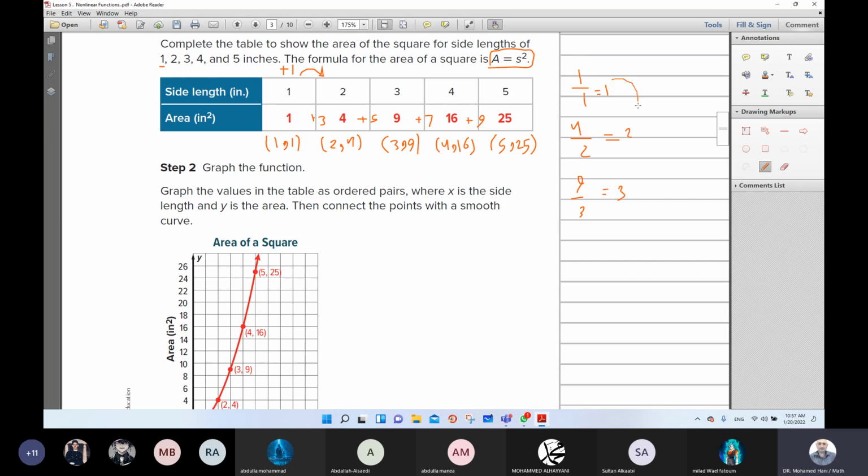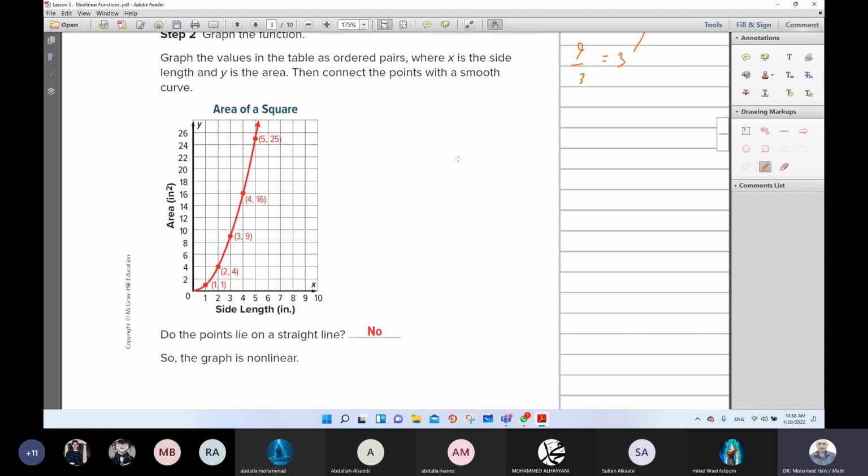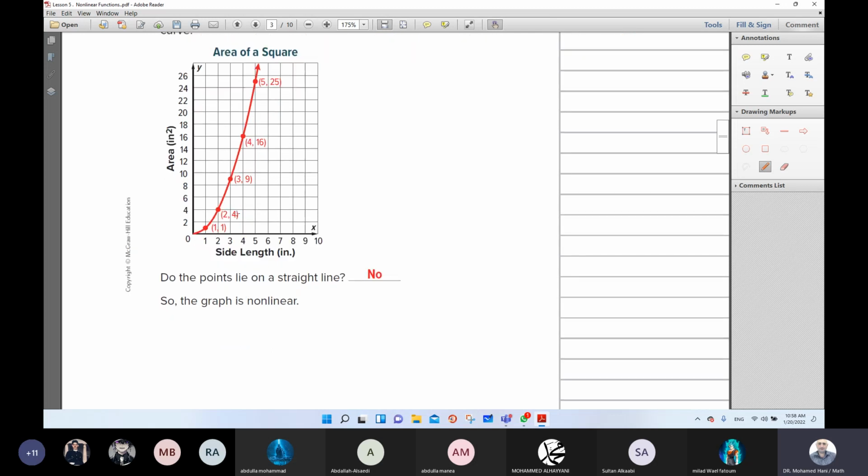So we have a change in the unit rate. We have a change in the slope. So this is not constant. If the rate of change is not constant, it means you have non-linear. Do the points lie on a straight line? No, this is not a straight line. So the graph is non-linear.